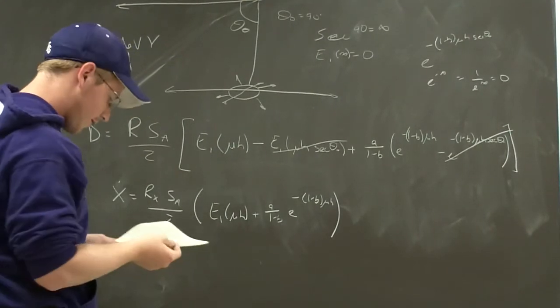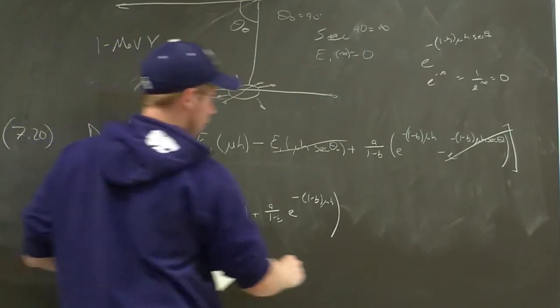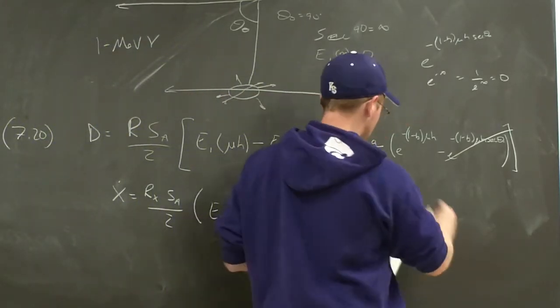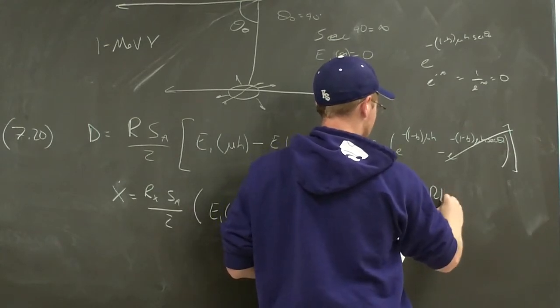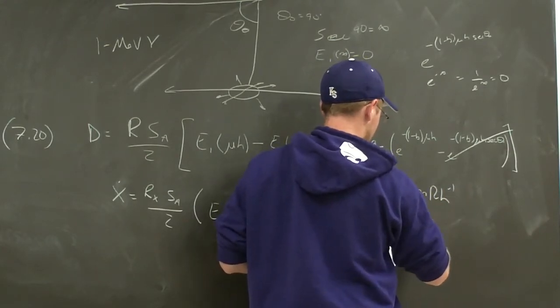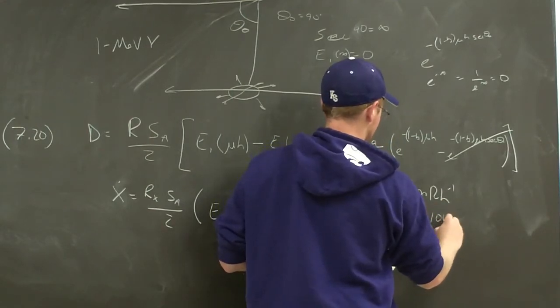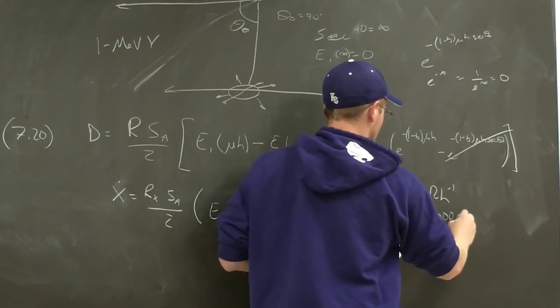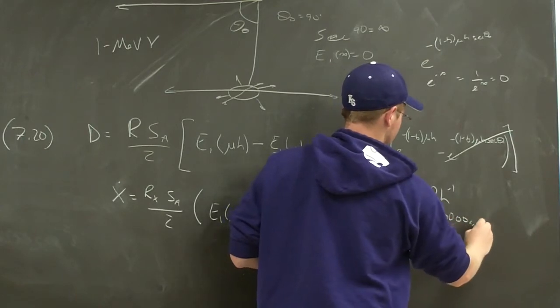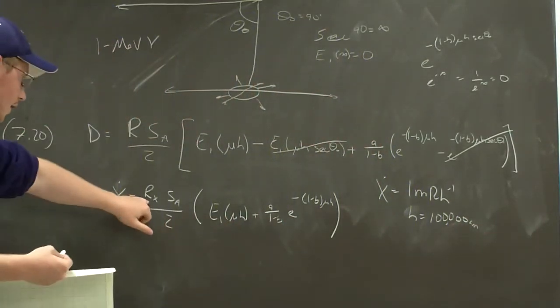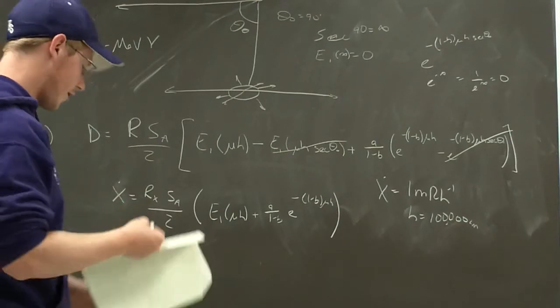So the first case is where X is equal to 1 MR per hour, where H is equal to 1,000 meters or 100,000 centimeters. And you're going to get this value in terms of centimeters, so you want to use that.